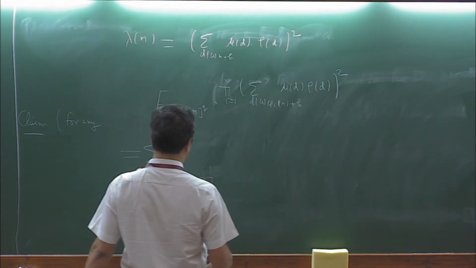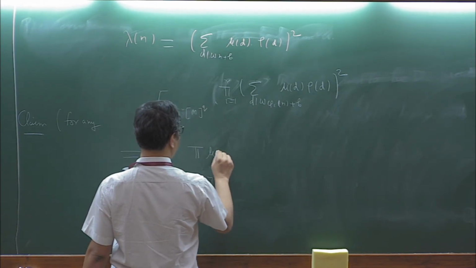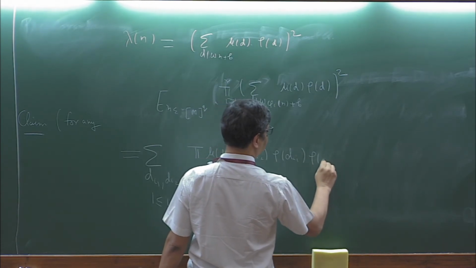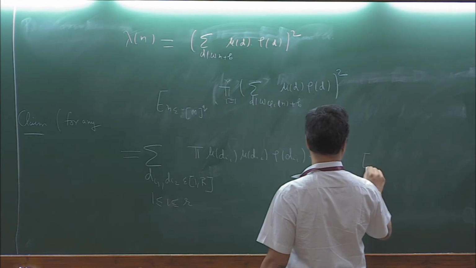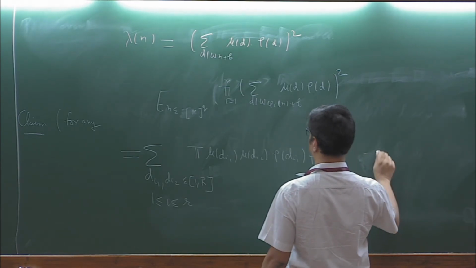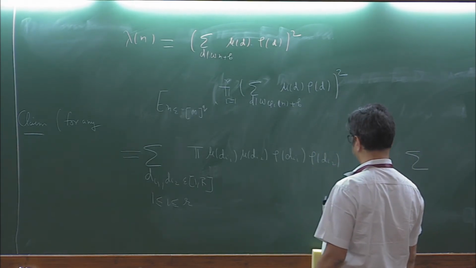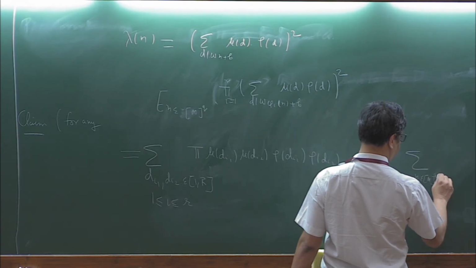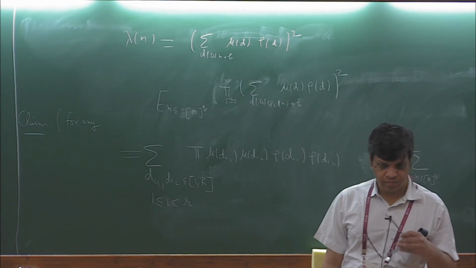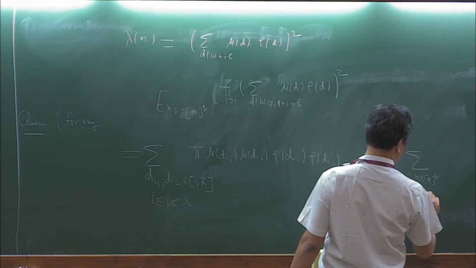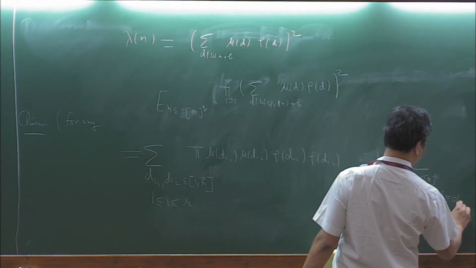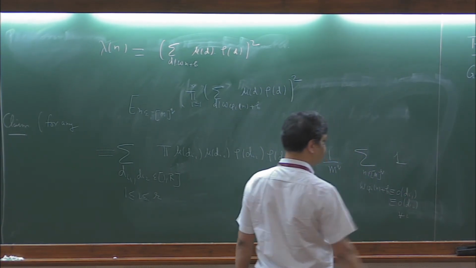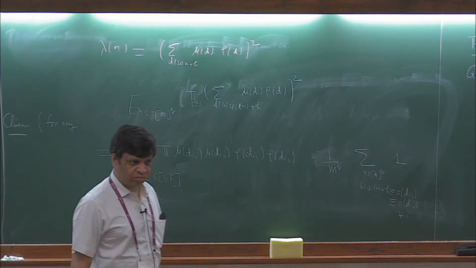Product of mu d1, mu d2, rho d1, rho d2, and 1 by m to the q, summation over n belonging to m to the q, with w phi n plus b congruent to 0 mod d1, and congruent to 0 mod d2.